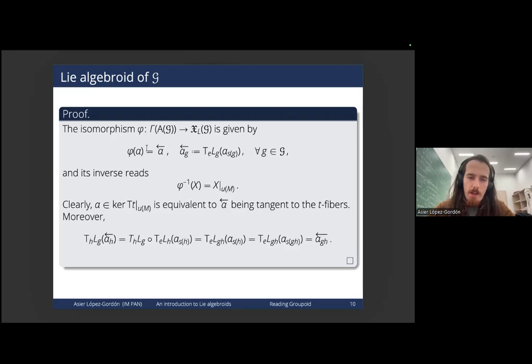I'll use an arrow pointing to the left over some Latin letter to denote left invariant vector fields.